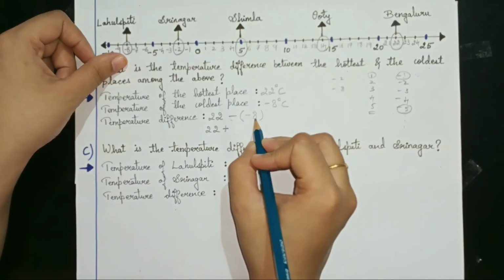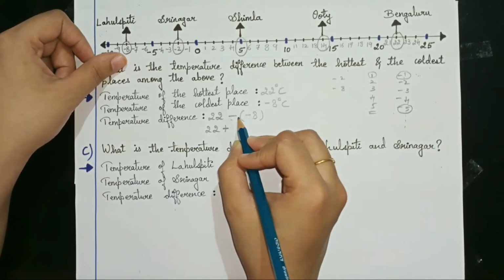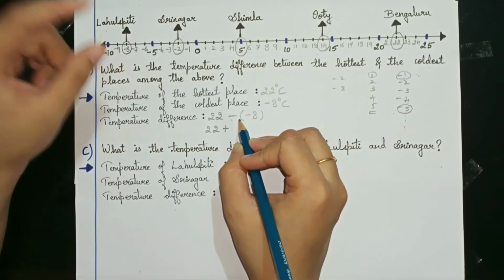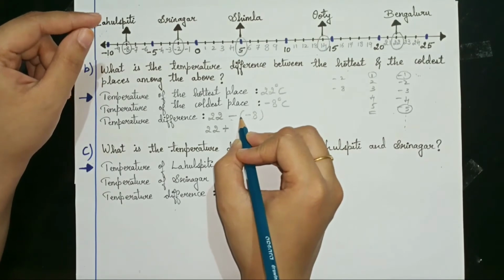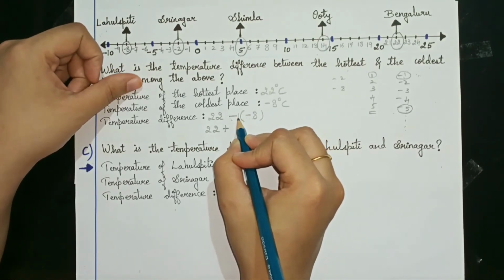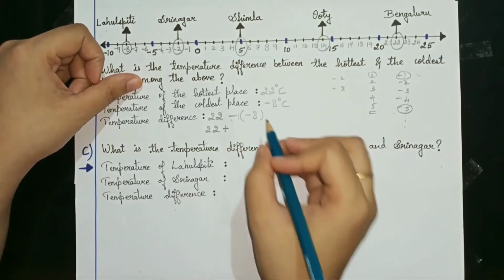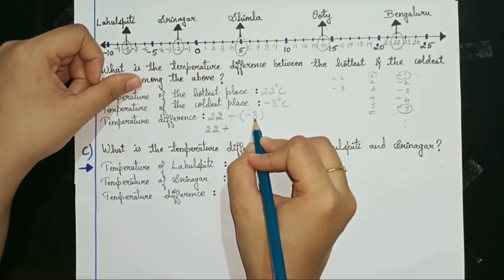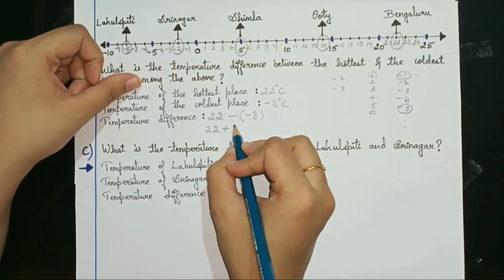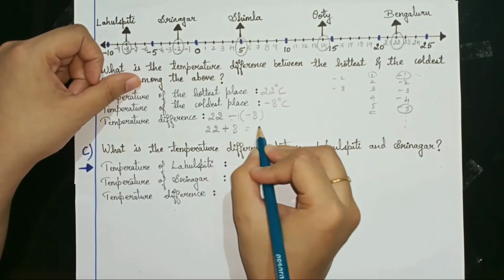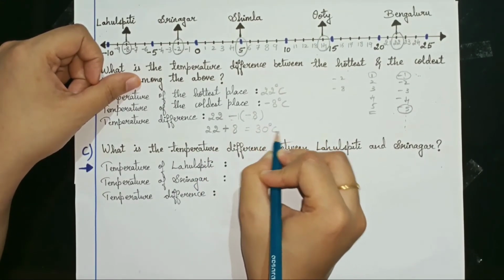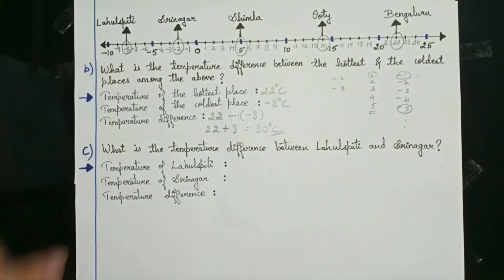Next, what will you multiply? Here outside the bracket there is no number. In my previous video I had shown you all the rules. If there is no number outside, then you have to assume the number to be 1. Now multiply. 1 times 8 is how much? It is 8. So 22 plus 8, what's the answer? It is 30 degrees Celsius is the temperature difference.